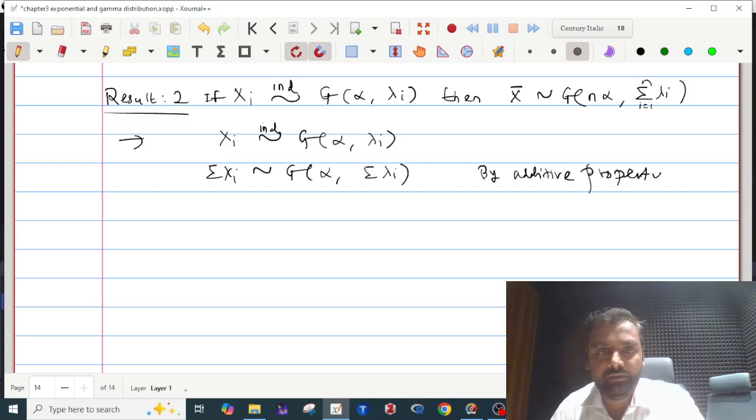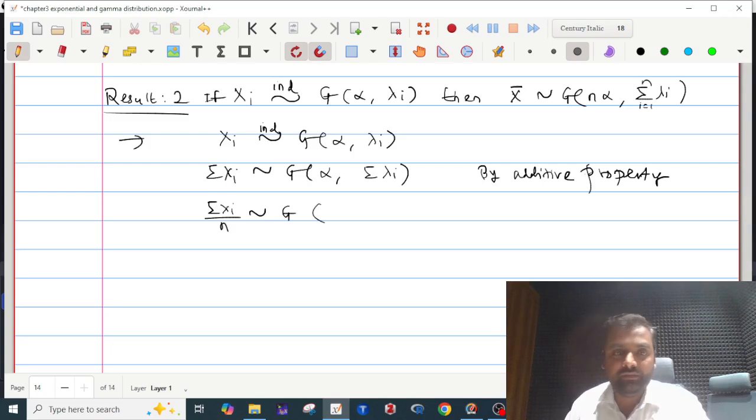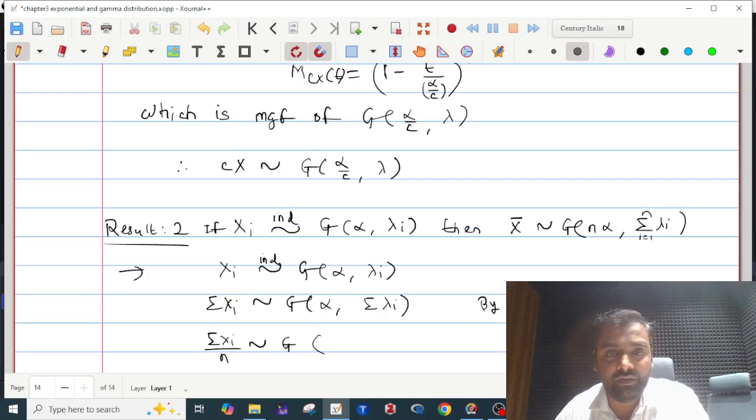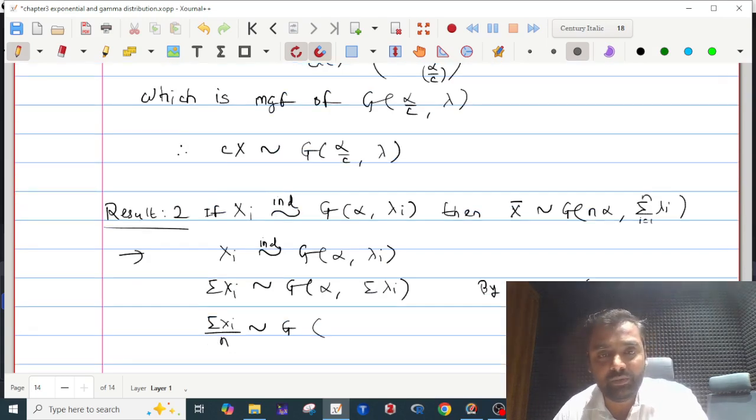Now if you divide this summation Xi by n, we use the result we just saw: if X follows gamma alpha, lambda, then cX follows gamma alpha, lambda upon c.